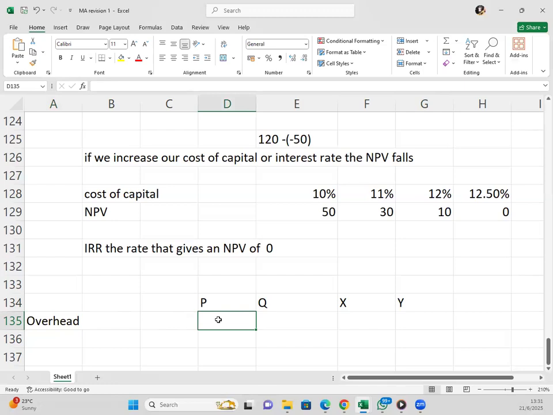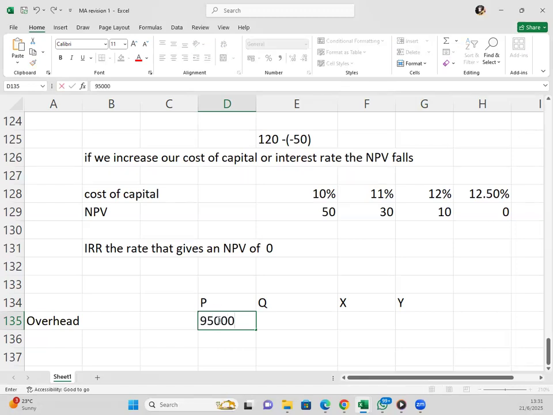Can you help me out? How much was the overhead for P? You guys, can we work as a team, please? How much was the overhead for P? 95,000.